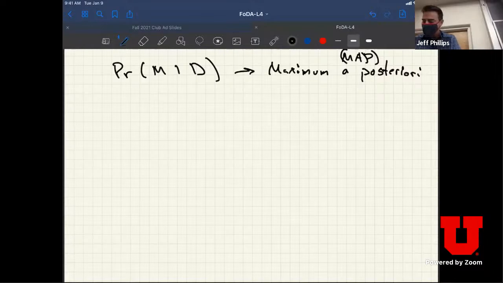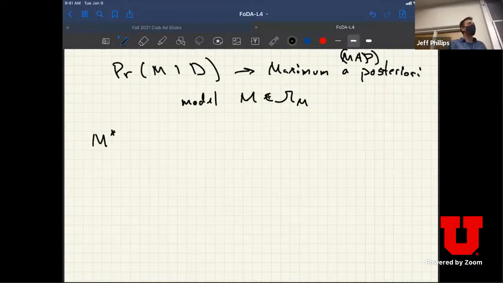I know my model is going to come from a sample space of models. In the previous example, this was A, B, and C. That was it. But we're going to look at some more general things. Our goal is to find what's called M star, which is the one which maximizes this probability.